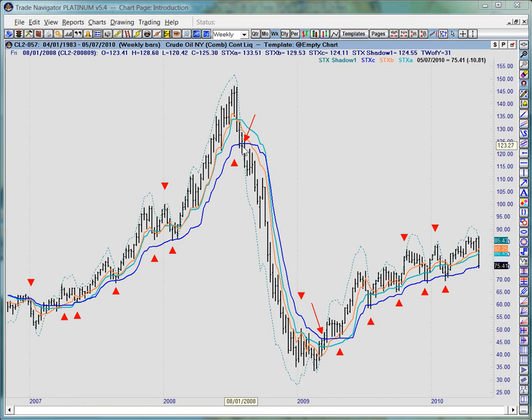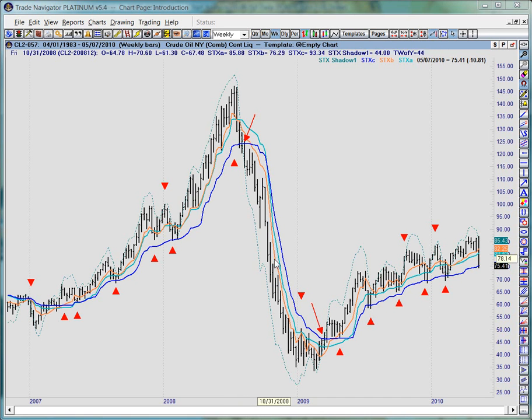Conversely, the alternative of that going into a bearish phase would be prices cracking through the fast STX, which in turn then have prices dropping below the regular STX and ultimately below the slow STX, indicating a change in trend. And then the STXs themselves will juxtapose and change position as well.